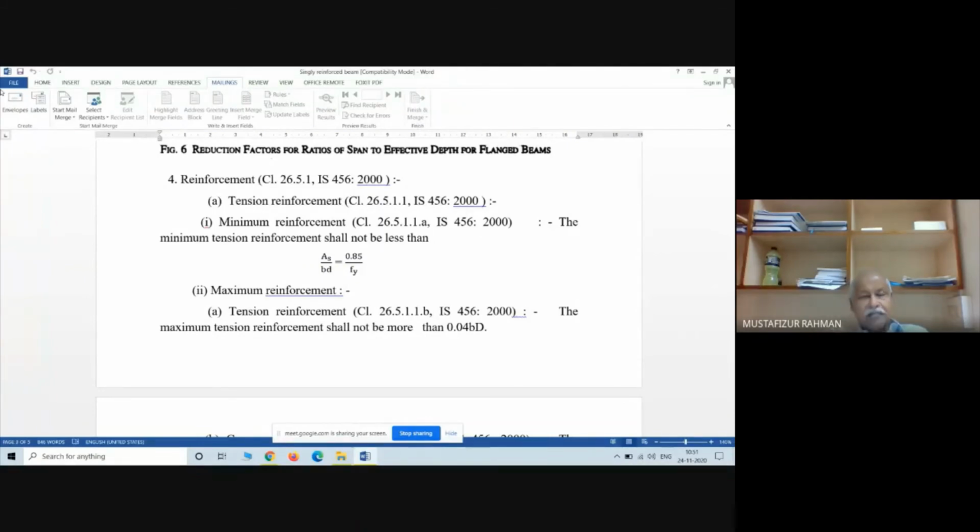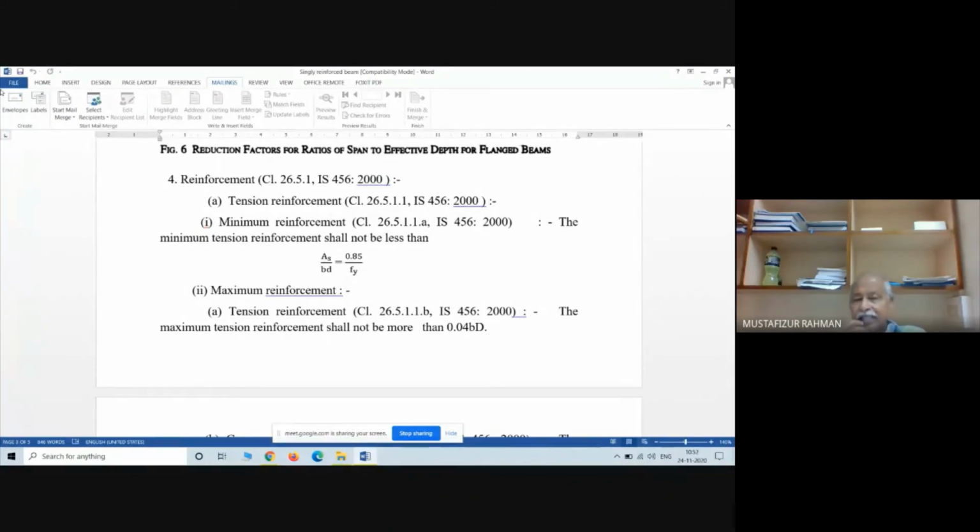If different layers, then our effective depth will decrease, and if effective depth decreases, then the amount of steel required will again increase. In short, there will be congestion of reinforcement in the tension zone if we provide the amount of steel required for the factored moment.